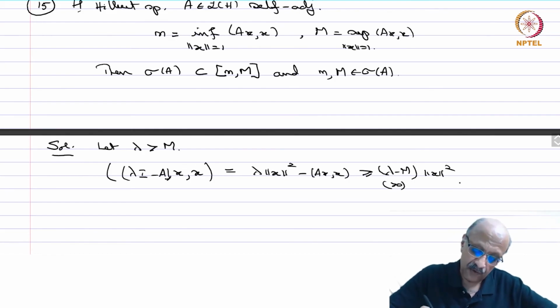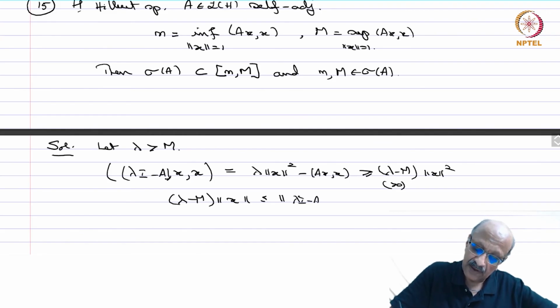Now if you apply Cauchy-Schwarz on the left hand side, you will get that (lambda minus M) times norm x is less than or equal to norm of (lambda I minus A)x.